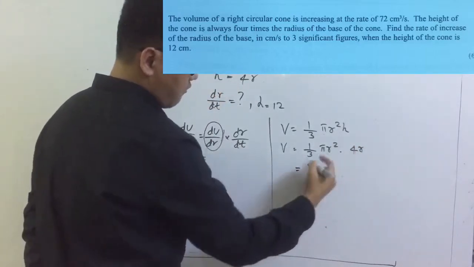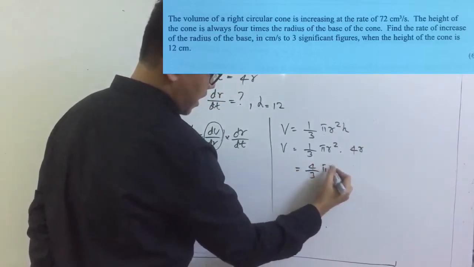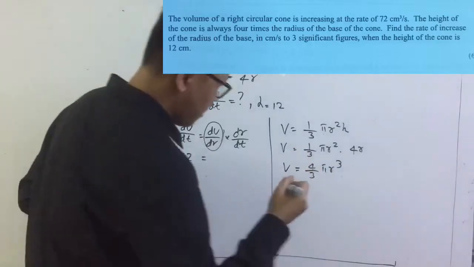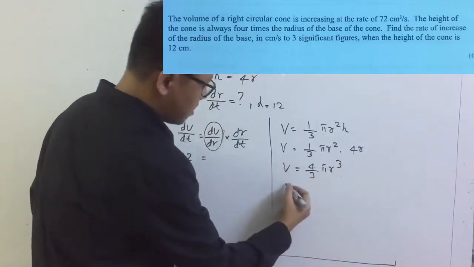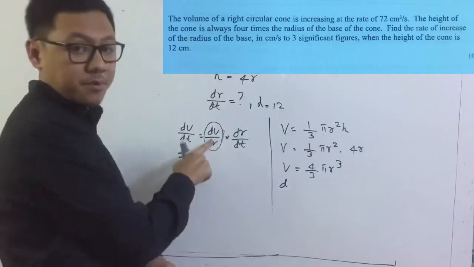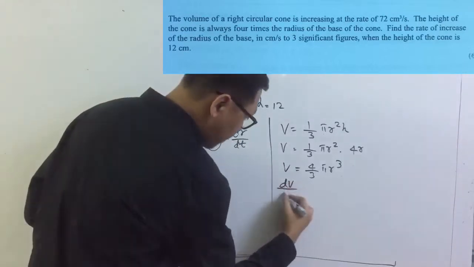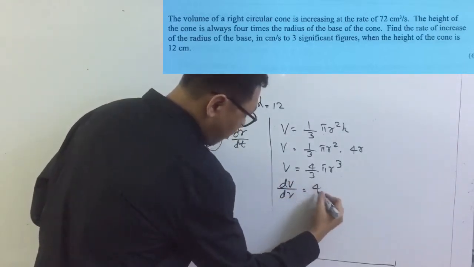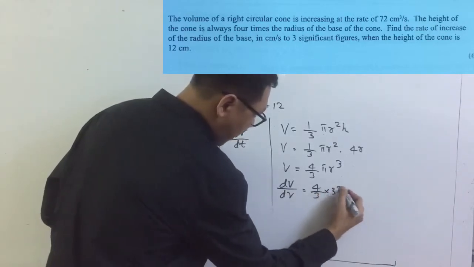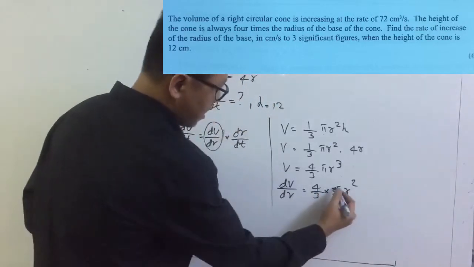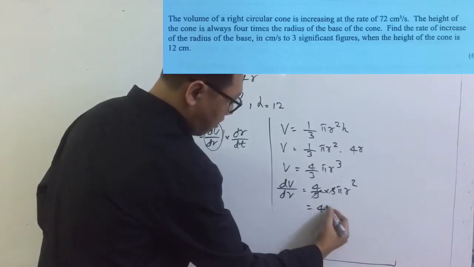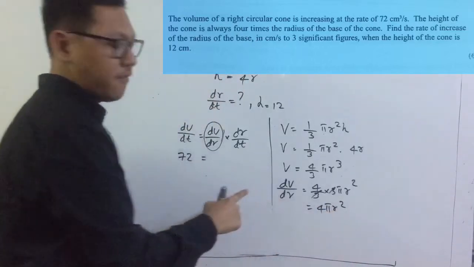Then 4/3 pi r cubed is V. Yeah, you have to differentiate the volume with respect to radius, right? So dV by dr is equal to 4/3 times 3 pi r squared. And then this will be cancelled. You get 4 pi r squared. That's dV by dr here.